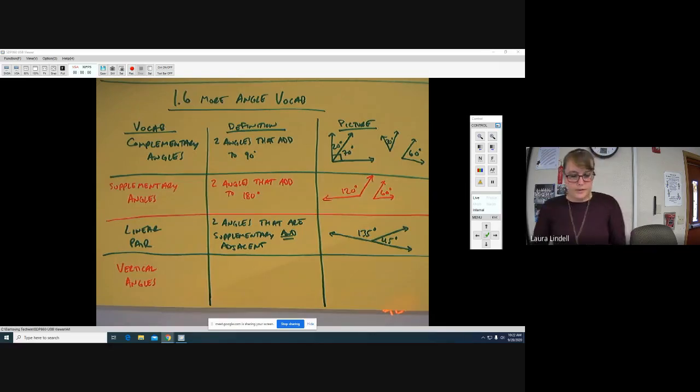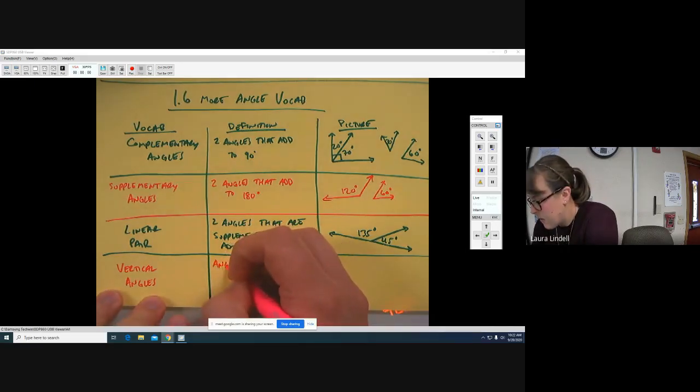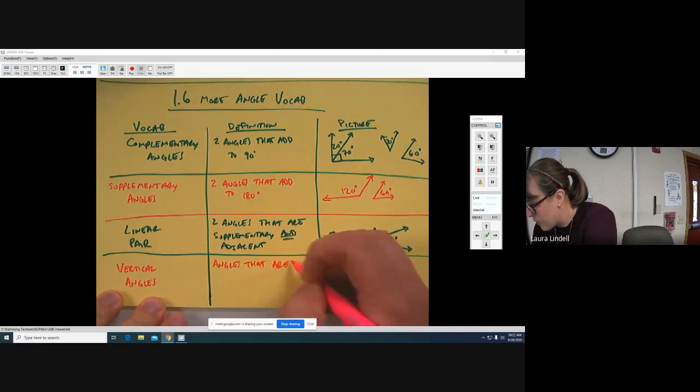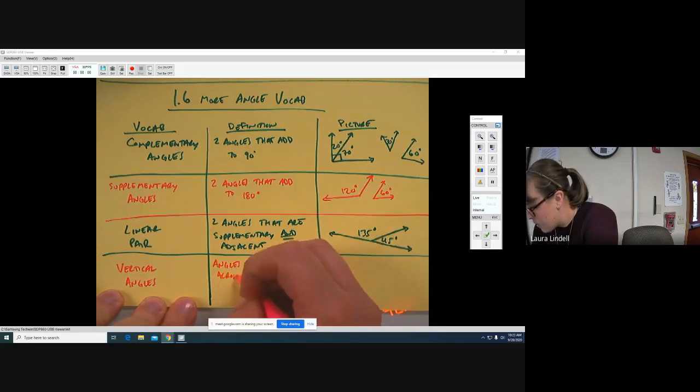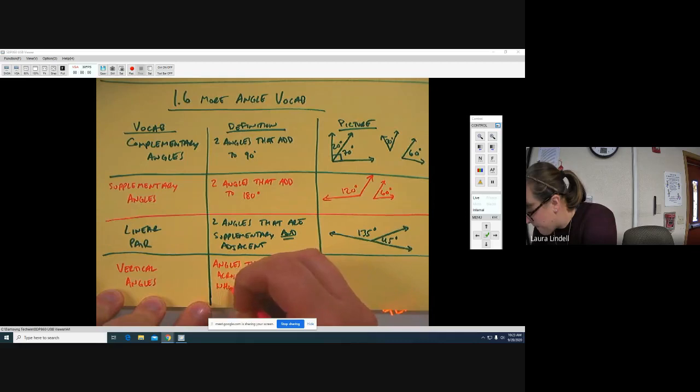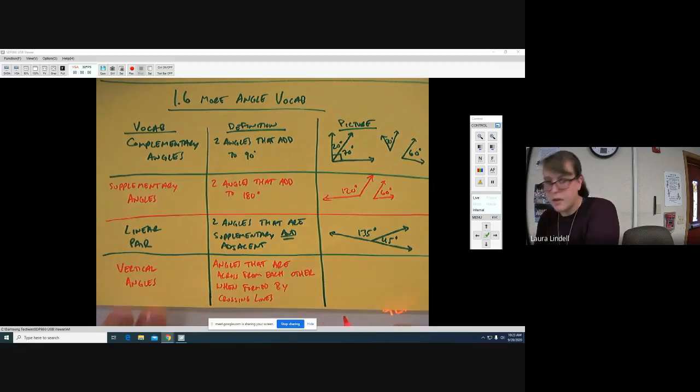So vertical angles are angles that are across from each other when formed by crossing lines.